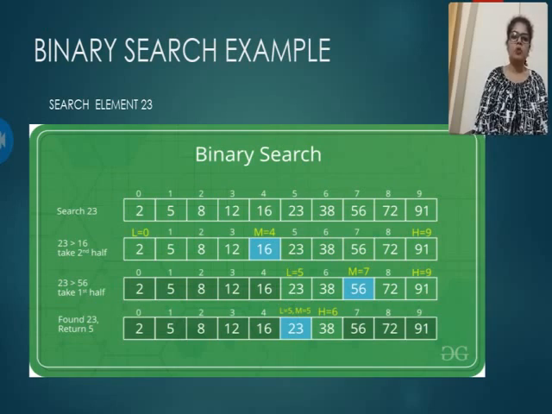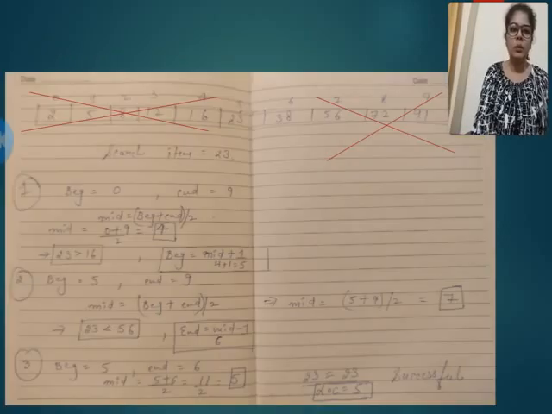The array is in sorted form. Suppose we have to search for element 23. So how do we apply binary search? I have explained it in a more detailed way.